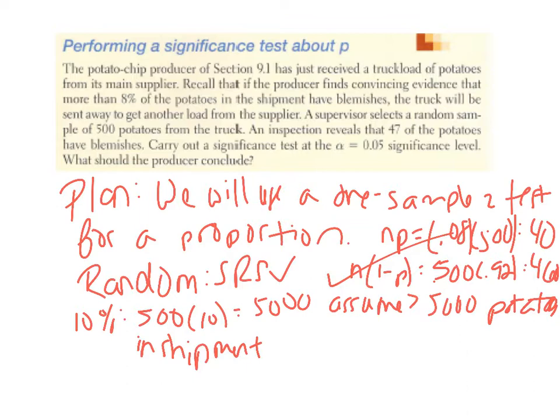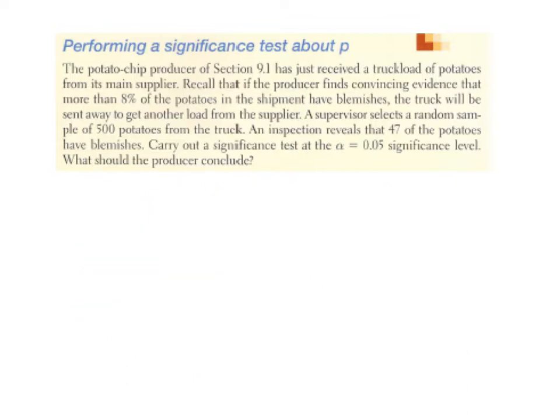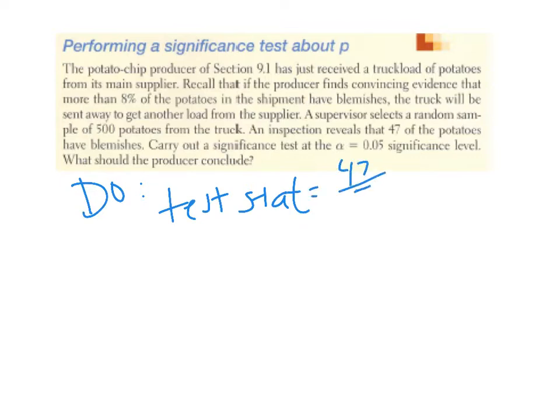So remember, when in the actual doing part, that we need to be sure that we show that test statistic. So in this instance, our test statistic, our standardization here, is going to be our sample minus our null hypothesis over our standard deviation.